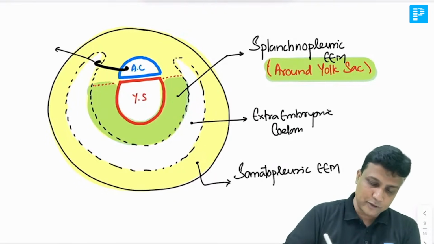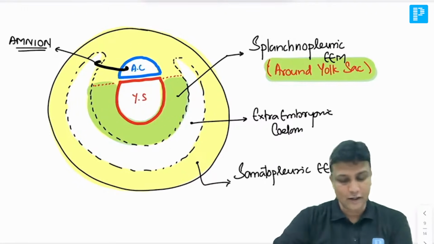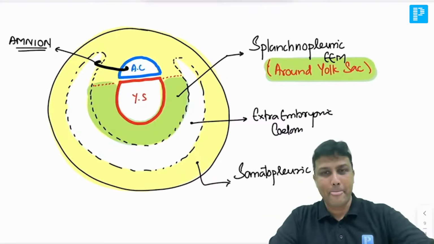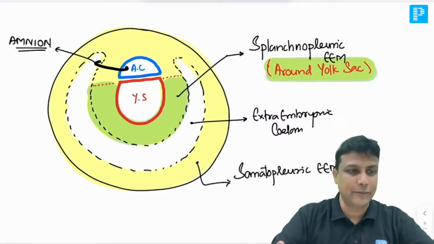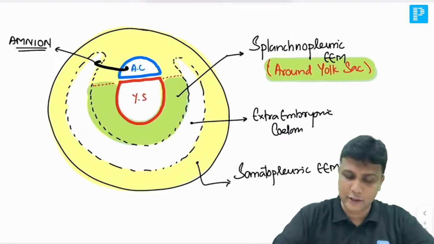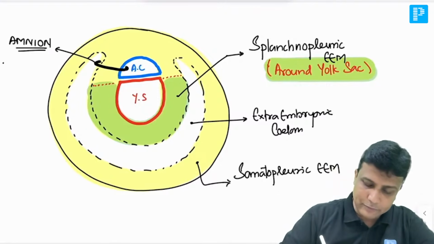They are going to form your amnion. Now just look at my diagram and tell me, amnion will be formed by what? What is that blue colored line? That blue colored line will be the amniogenic cells. What is that yellow colored one?